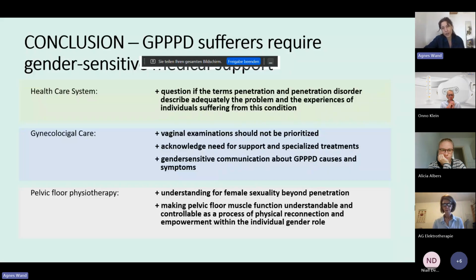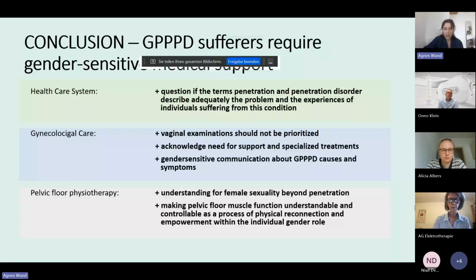Especially as pelvic floor therapists, we know how active the pelvic floor muscles are and how active the vagina becomes through the pelvic floor muscle function. The condition of GPPPD shows how strong this activity is, so strong that it prevents anything from entering the vagina. We should really question if the term penetration, and especially penetration disorder, adequately describes the problem and the experience of individuals suffering from this condition.